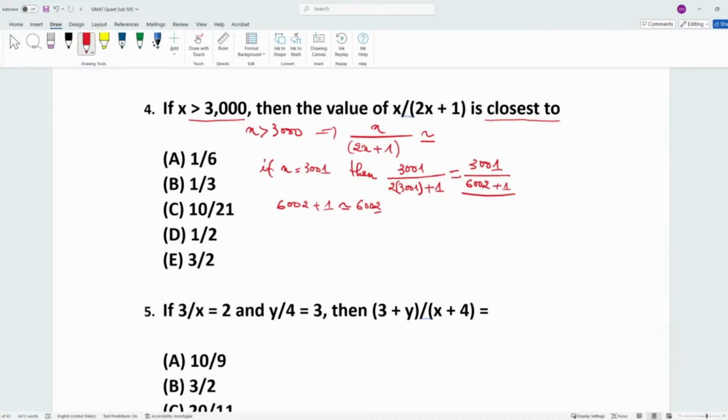Okay, and if we get this value divided by 3001, we are going to get approximately 1 over 2. Okay, because this 1 plus 1, the 1 here is insignificant. So if we just remove it, then we can see that our answer is approximately 1 over 2. So basically, the answer here is answer D, which is 1 over 2.